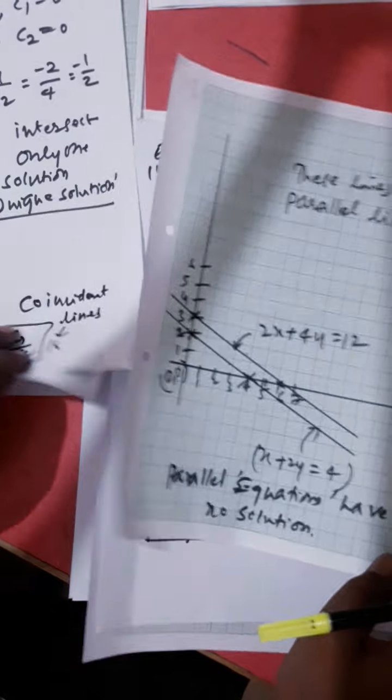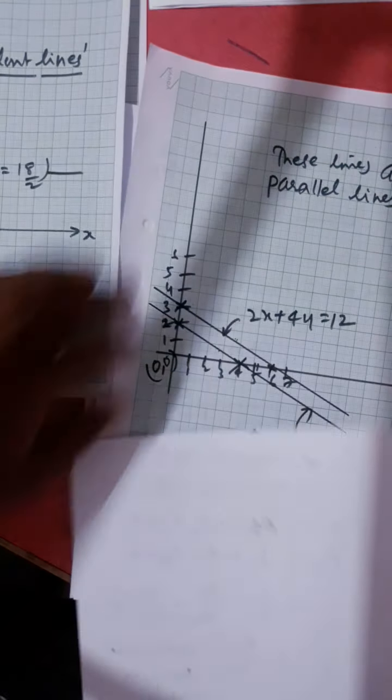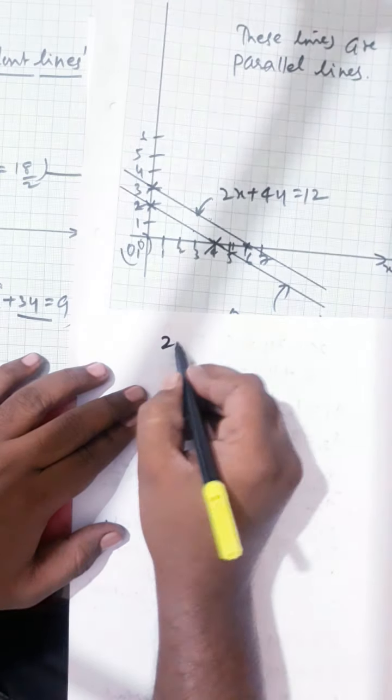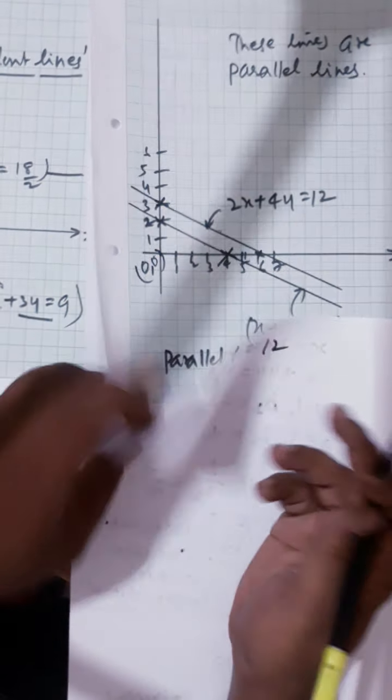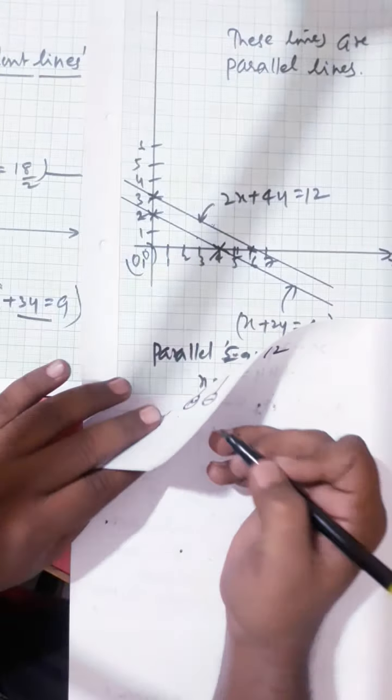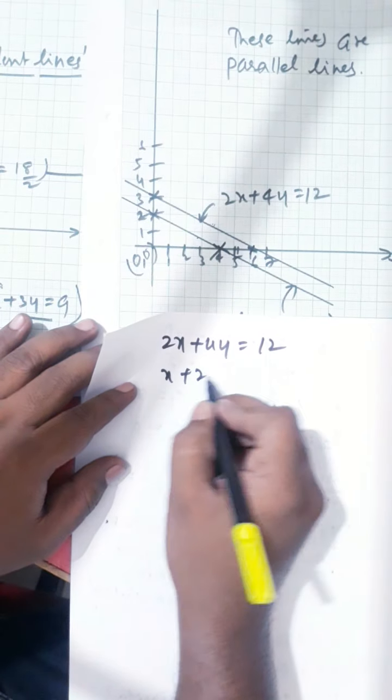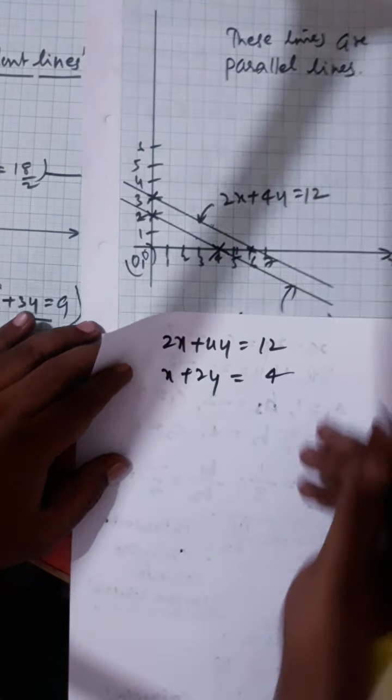Suppose we have parallel lines like this. Then what is the ratio? What are the lines? 2x plus 4y is equal to 12. Then another line is x plus 2y is equal to 4.